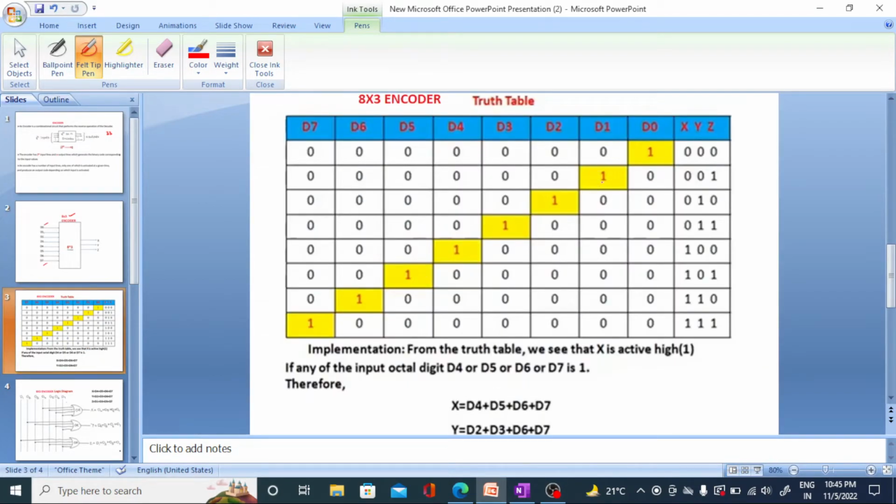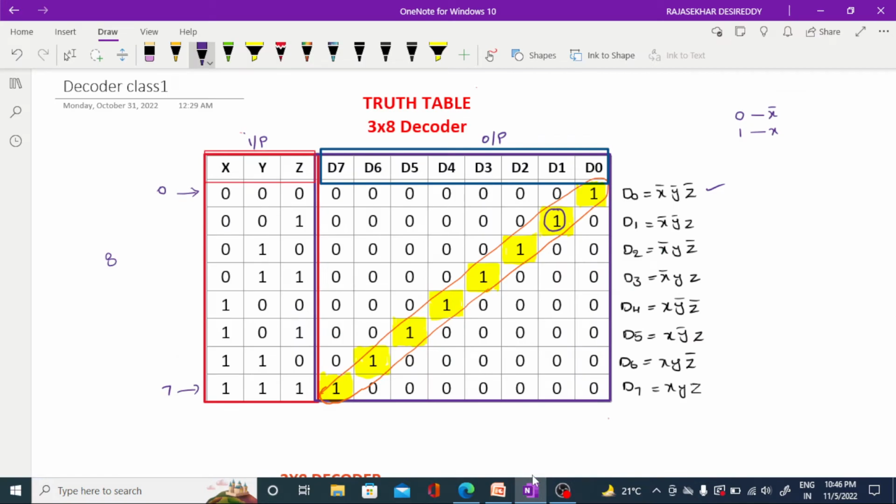Why I am comparing both things is that it is easy to remember. Like this comparison, you will understand the logic here. So D7 to D0 are the inputs of the encoder and XYZ are the outputs of the encoder, right? So it is the same truth table, but in this fashion, in this decoder. So hope you understand.